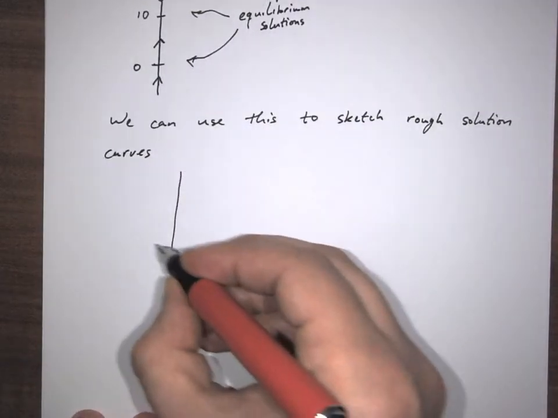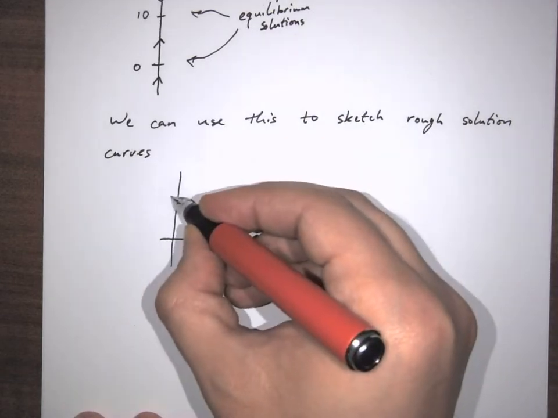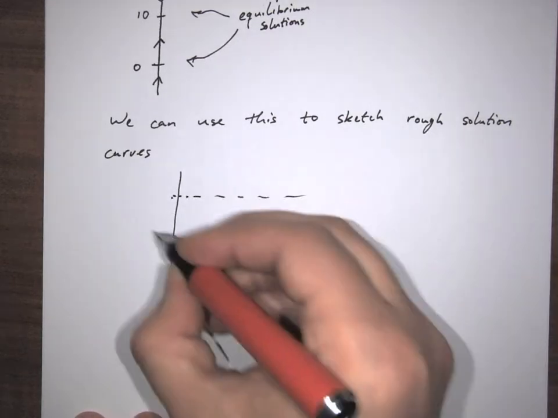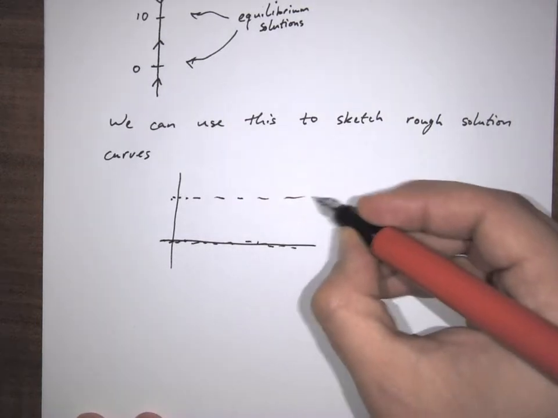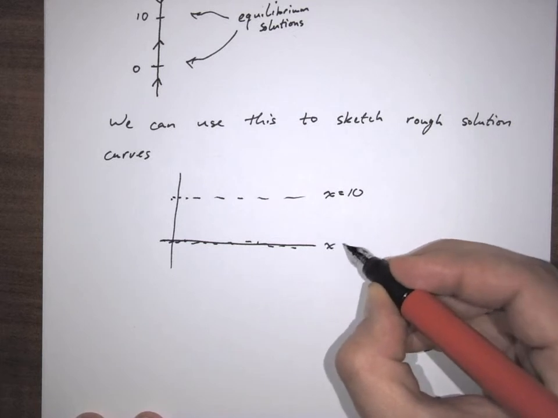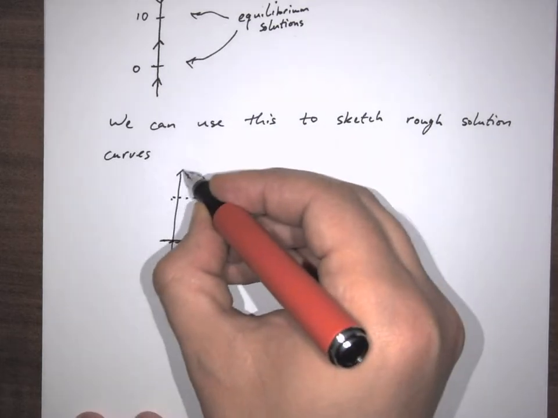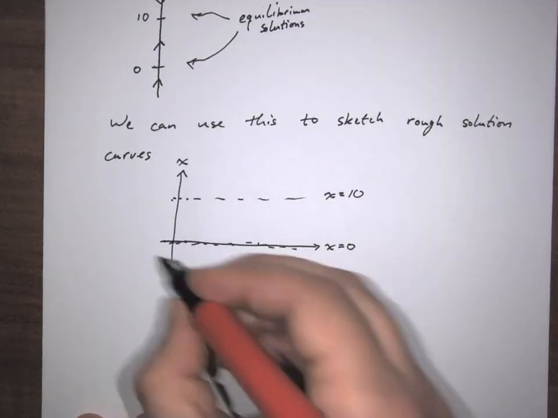And the way that would look is you would put dotted lines for each of the equilibrium solutions, and then this is the x-axis here, this is going to be the t-axis.